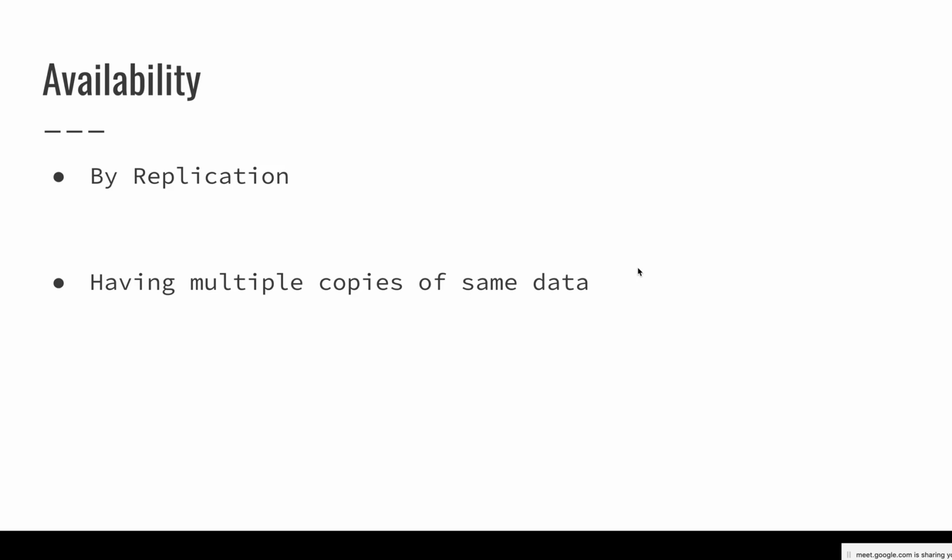You may lose one copy, but other copies are gonna survive. Suppose there are n copies or n replicas of a particular piece of data, then even if a few of them are lost, others will survive and you will be able to recover that piece of data. And that is how you ensure availability in a distributed data storage.